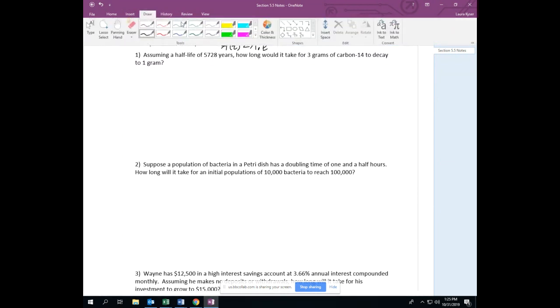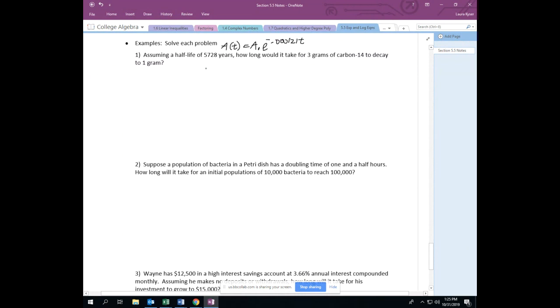All right, so let's see here. This is saying we're talking about carbon-14 decay, which we have a specific formula for.